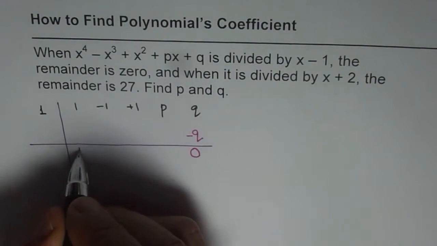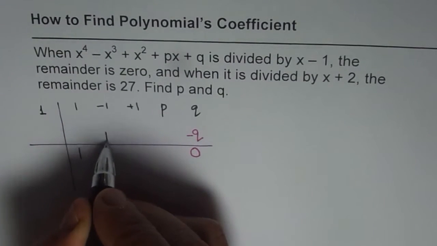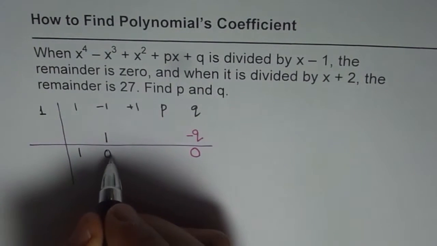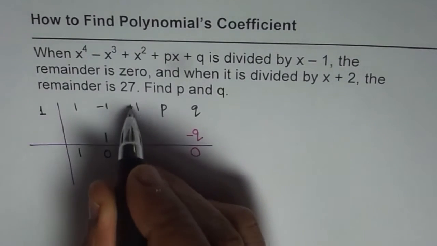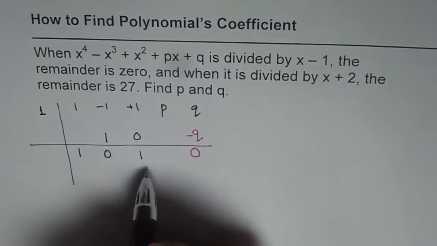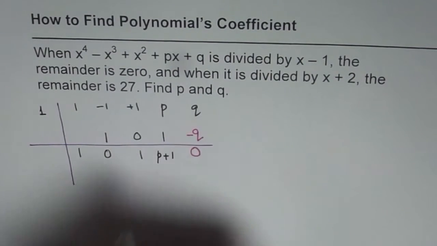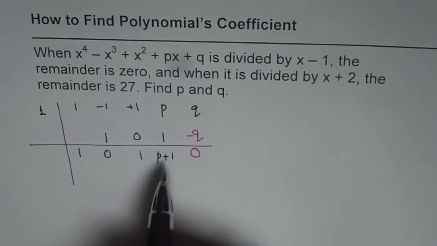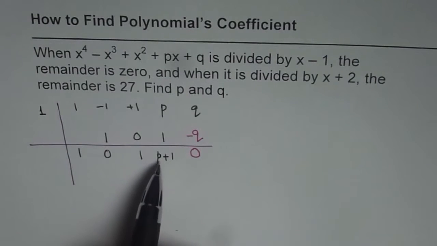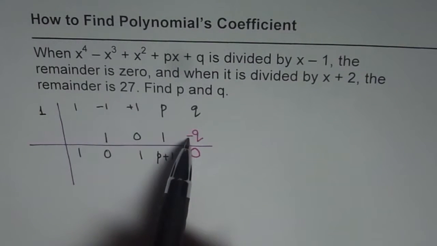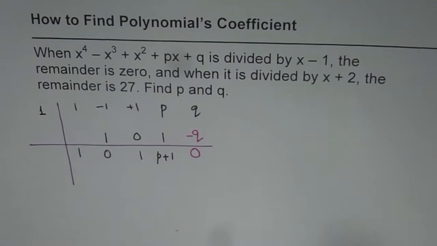Now with that, let's begin and divide. So bring down 1, multiply by 1, write it there, add them up, 0, multiply by 1, add them up, 1, multiply, get it there, you get p plus 1 here, right? P plus 1. Now from here, 1 times p plus 1 should be equal to minus q. So you get one of the equations.